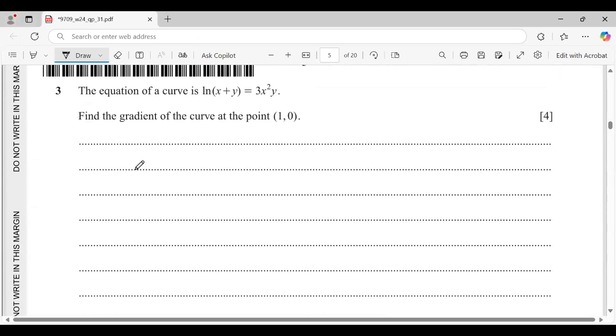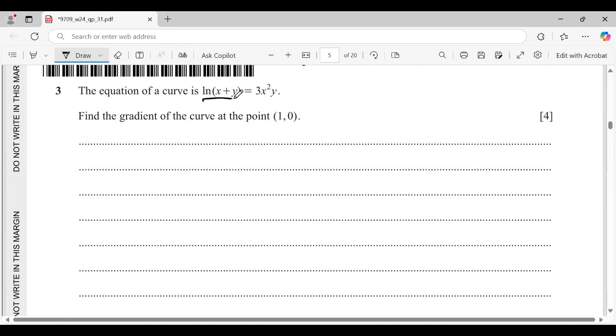Number 3. The equation of a curve is ln(x plus y) equals 3x squared y. Find the gradient of the curve at the point (1, 0). It means x equals 1 and y equals 0. At the first step, we need to differentiate both sides implicitly.